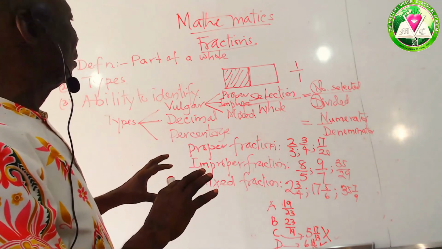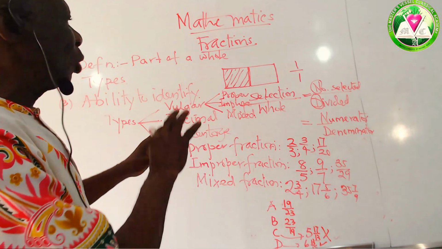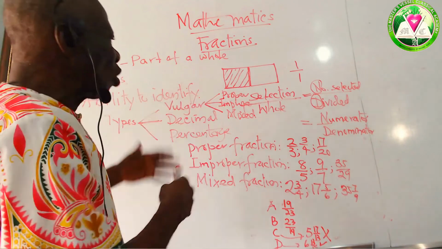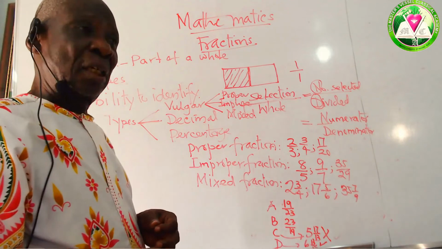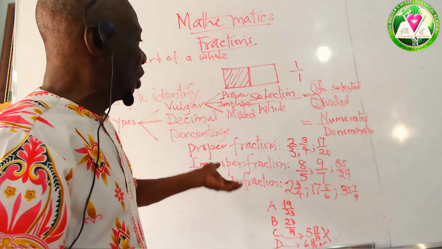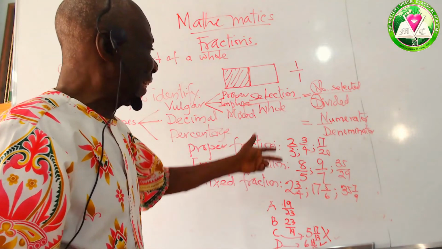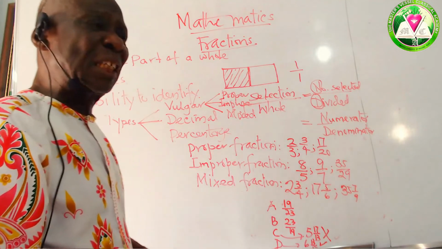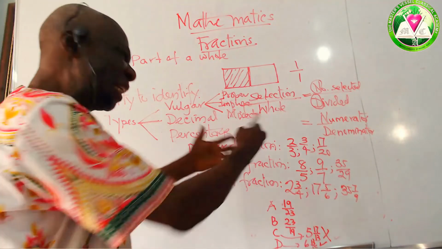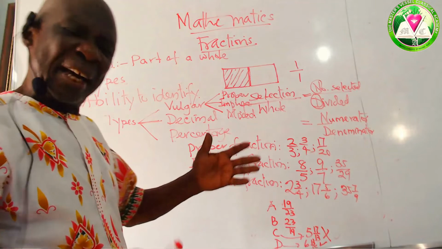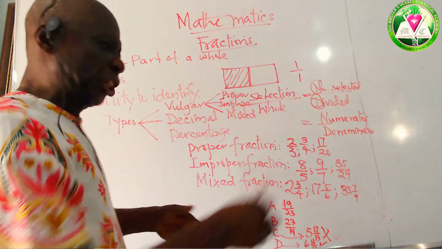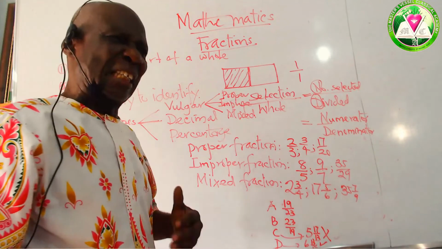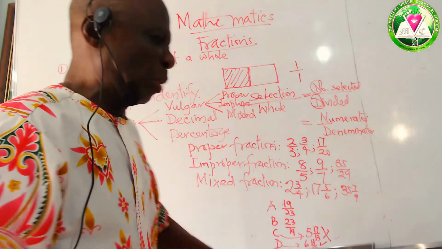Remember that we have not talked about comparing some of these sizes. We can compare the sizes because the fractions, as you see here, 2 over 3, 3 over 4, 17 over 20, will not be of the same size. And that is why in some families, you get a piece of yam and the parents will share it. Some will be annoyed that the parents have given more to this person than that.